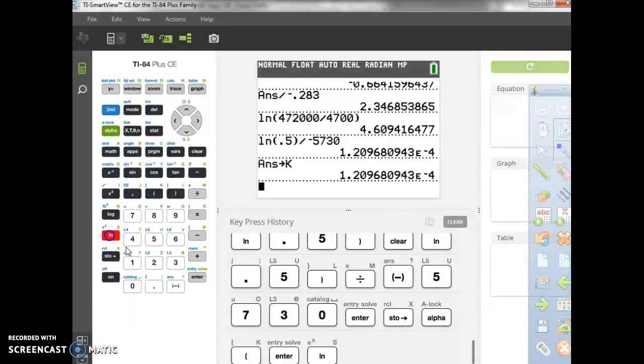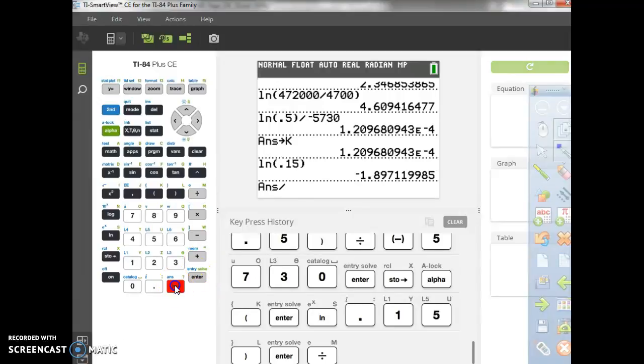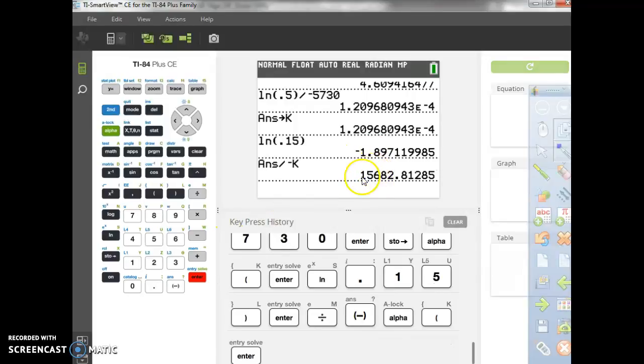So then I do ln of 0.15, and that value gets divided by a negative, and then I just recall k, which is alpha, and then press the k button. So ln of 0.15 divided by negative k, and the fossil is 15,682, almost 83 years old. So that is how you would solve one of those problems.